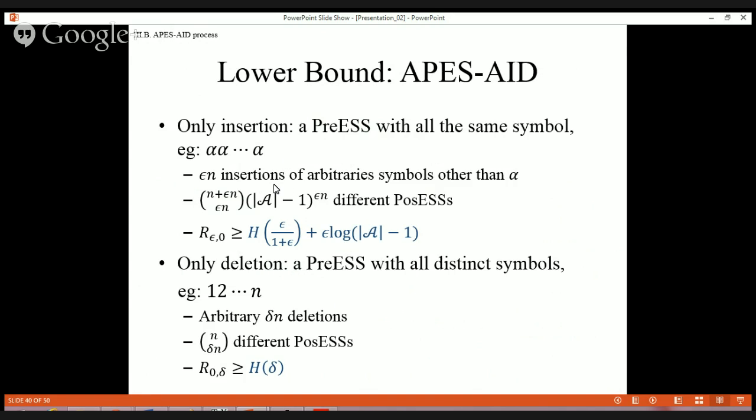Applying these added patterns to the pre-added source sequence, all the post-added source sequences are different, and the number is given by this.